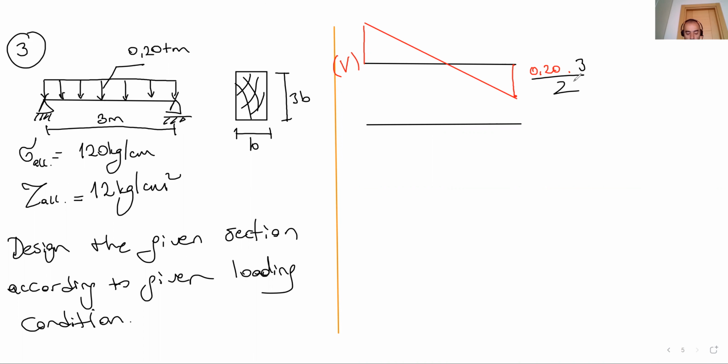This is 0.30 ton. Here is 0.30, and also here is 0.30 tons. This is negative. And also, we will have a curve like this.